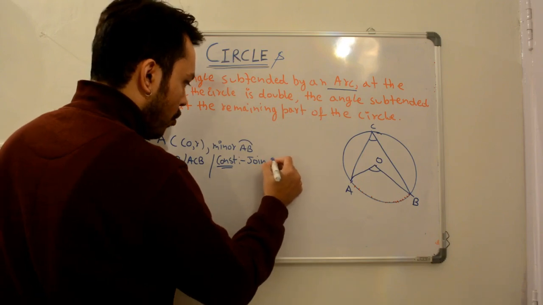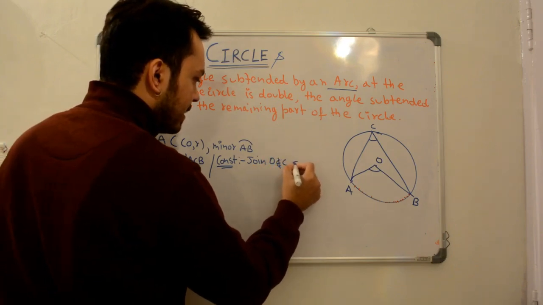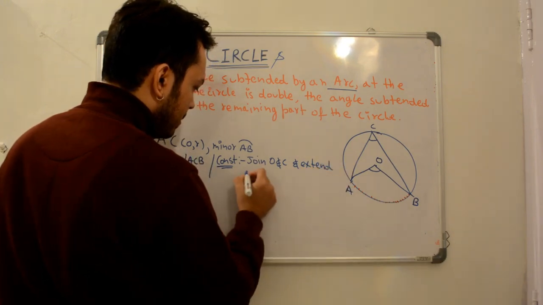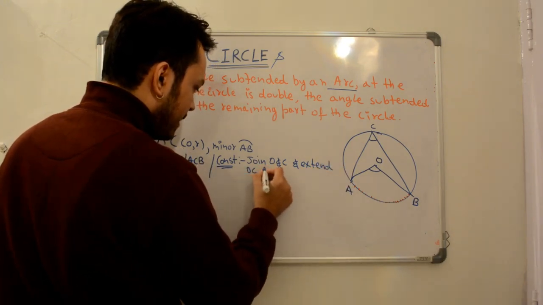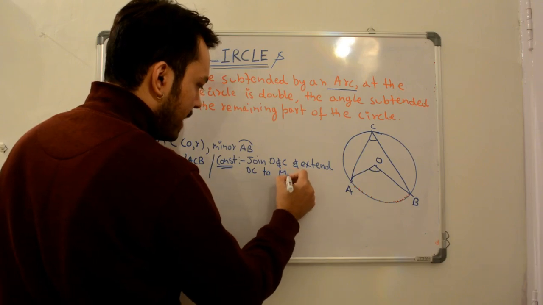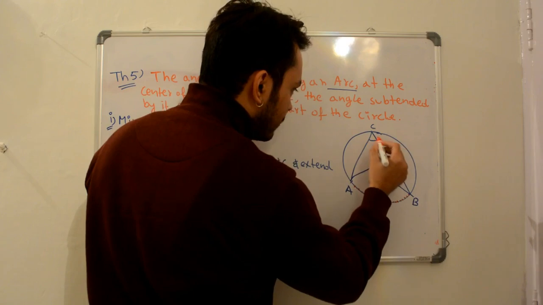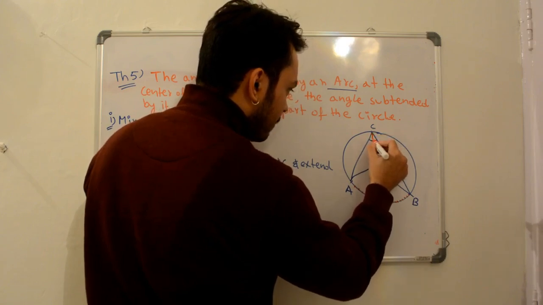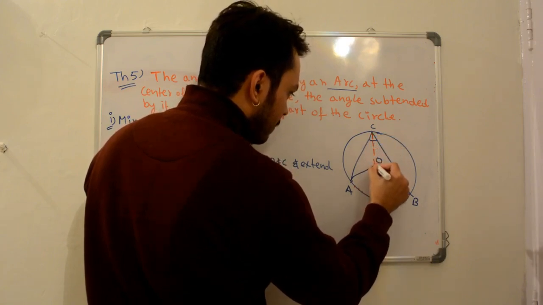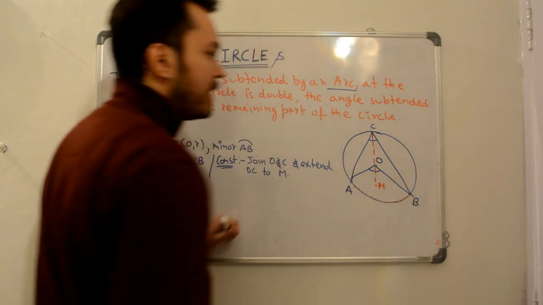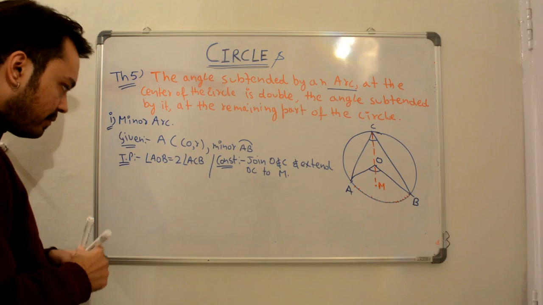Join O and C and extend OC to M. Clear? Now let me draw the construction with a dotted line. And let this be point M. Clear?